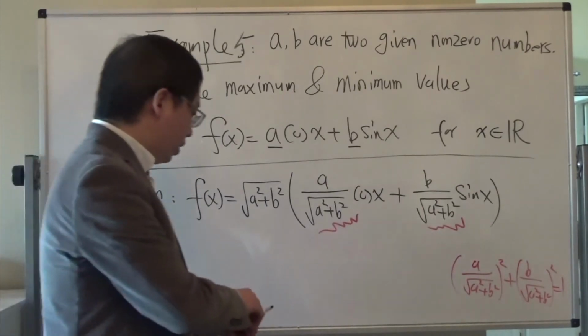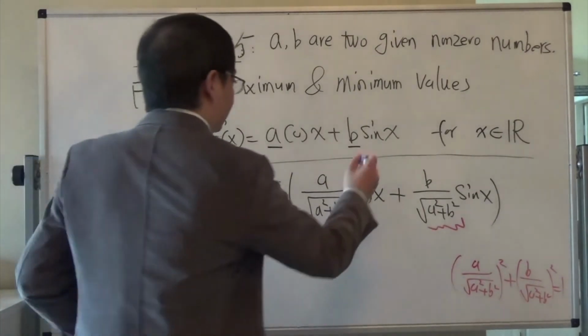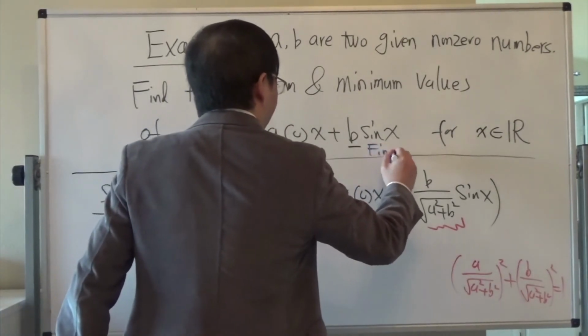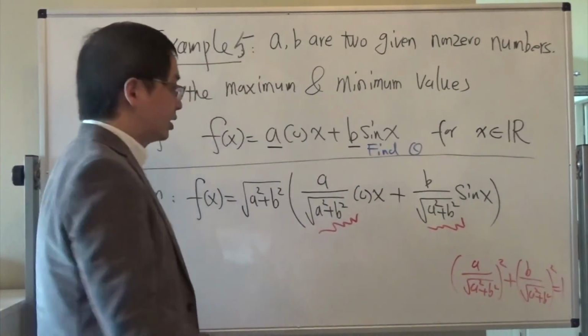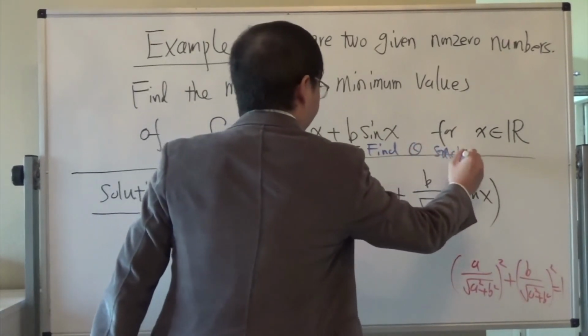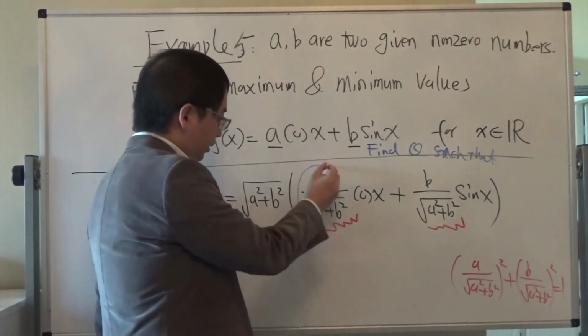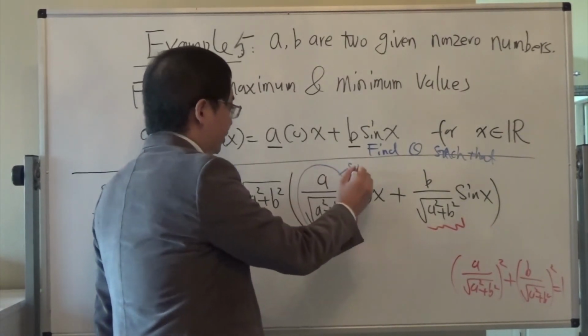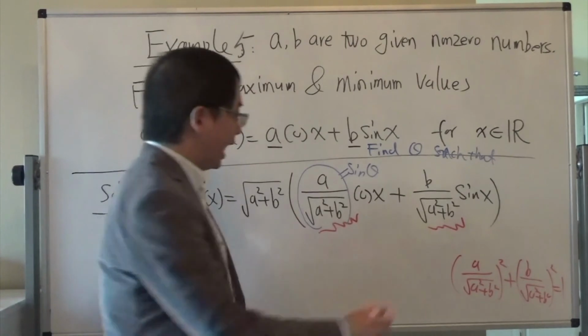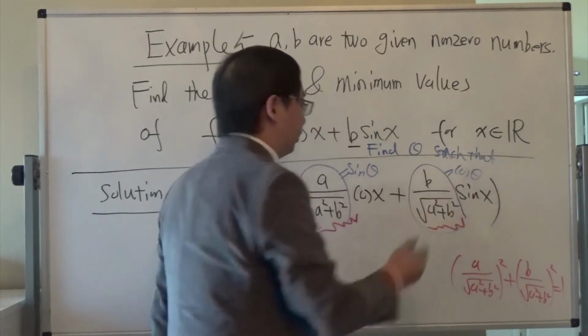And therefore, we are able to find an angle theta such that this one equals sine theta, and this one equals cosine theta.